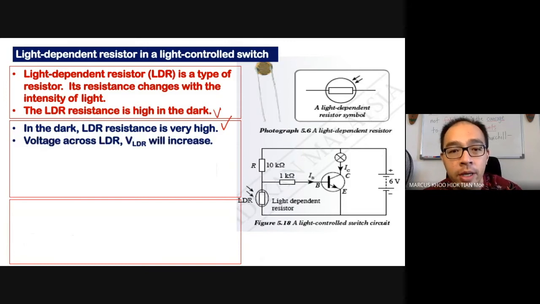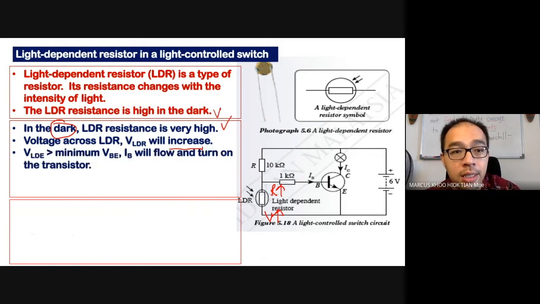Now if this resistance is very high, kalau di dalam gelap, resistance becomes very high. What do we learn about resistance and voltage? The voltage will be bigger. Right? The voltage across this will increase. And so because of that, the voltage will increase lebih besar daripada the junction voltage.